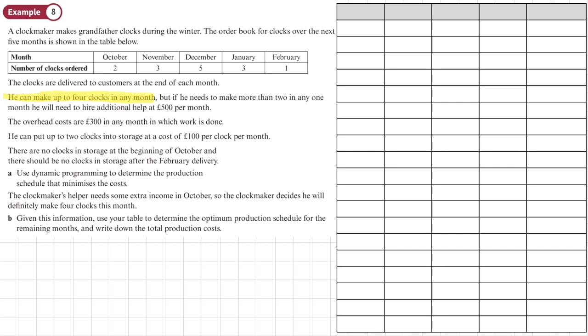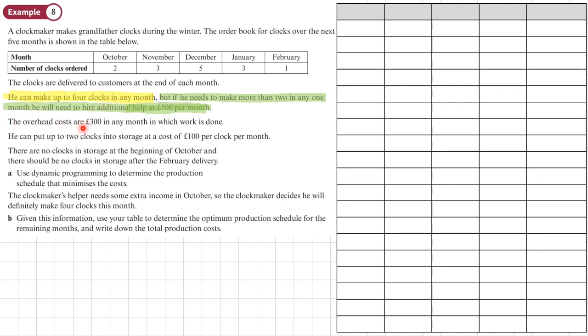But if he needs to make more than 2 in any one month, he will need to hire additional help at a cost of £500 per month. So he can make either none or 1 clock or 2 clocks without having to pay this additional cost, but more than 2, so 3 or 4, 4 is the most he can make, he's going to have this extra higher cost to pay.